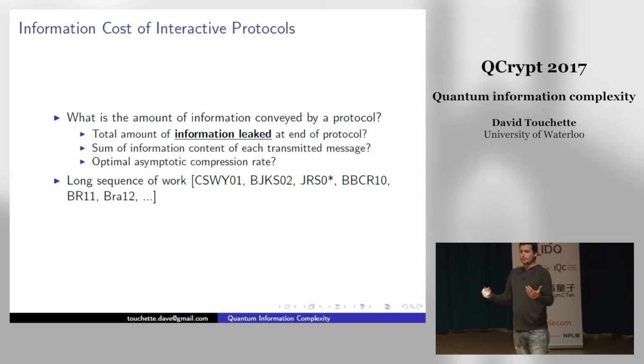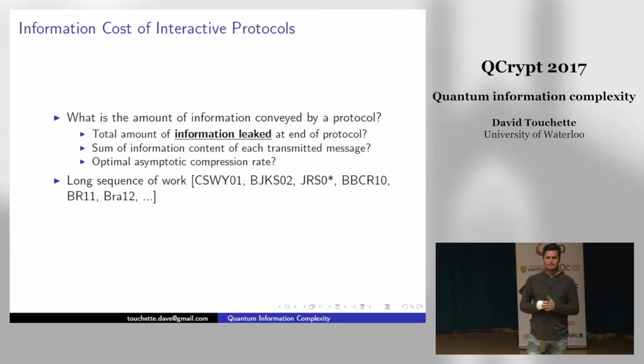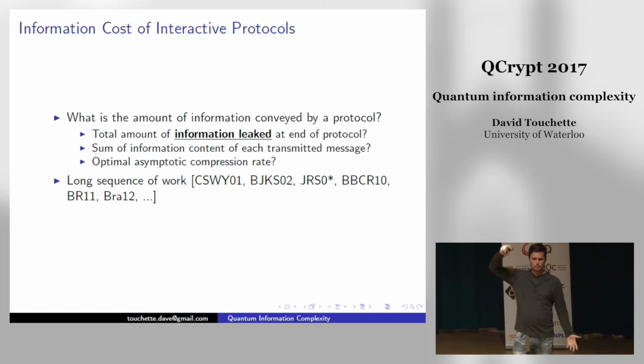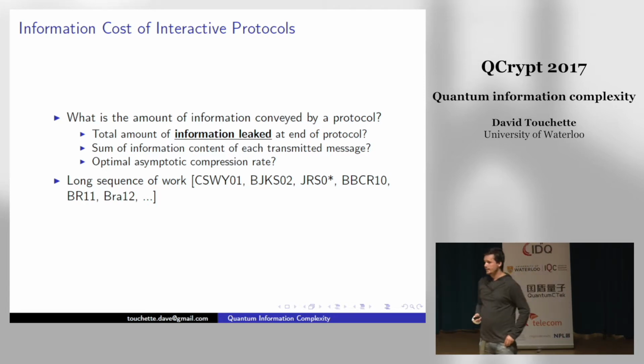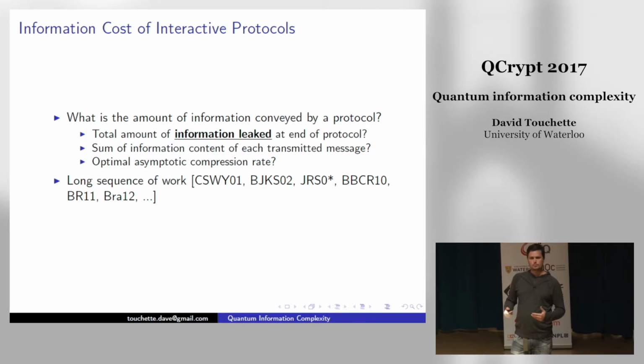Or a further way to do this would be to do as in the source compression case and take as a good operational measure of information the optimal asymptotic compression rate, if we wish to repeat the same protocol on different instances multiple times. Okay. And it turns out that, in a classical setting, all these three notions agree with each other. And it won't be the case in the quantum setting, though.